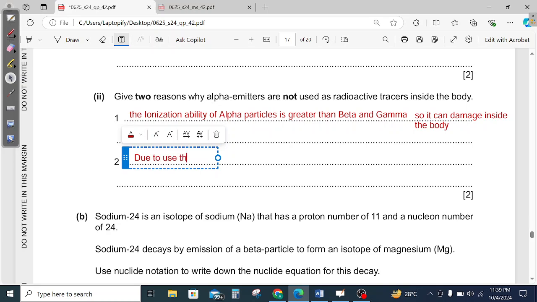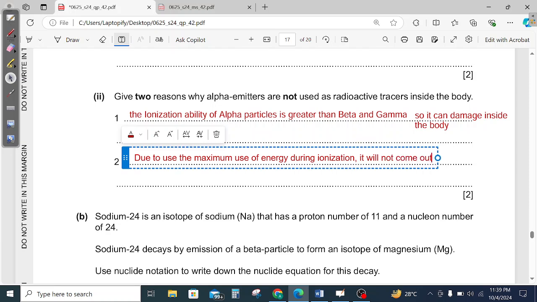Due to the maximum use of energy during ionization, it will not come outside the body, or you can use the term it will not come outside towards the detector.